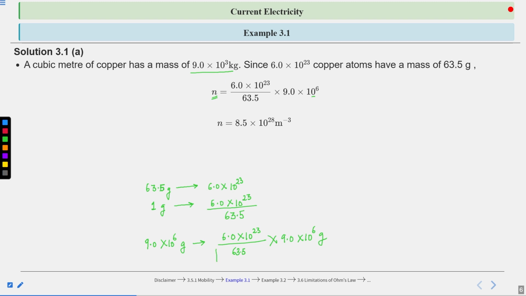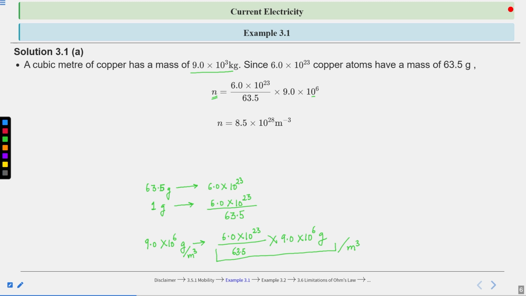Okay, so this many atoms will be there in the copper, but volume is not given, but density is given. What was the density? 9 into 10 to the power 3 kg per meter cube. Since volume is not given, we are taking unit volume, 1 meter cube. So this is the density: this amount of mass is present in 1 meter cube.